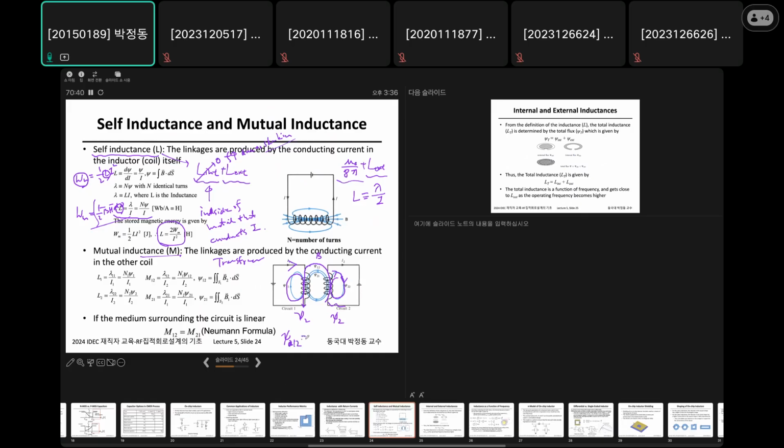That is defined by integrating B2 dot dS1.